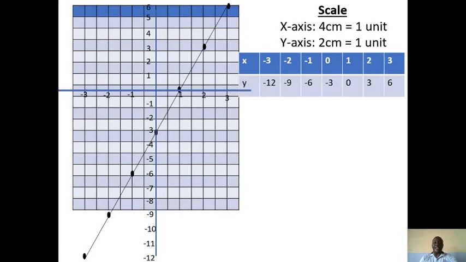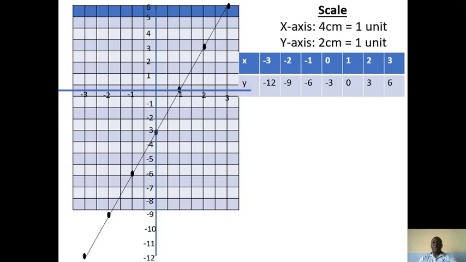I scaled the x-axis so that for every 2 centimeters we have 1 unit, assuming the distance between two of the lines is 2 centimeters. On the y-axis, every 2 centimeters is 1 unit.